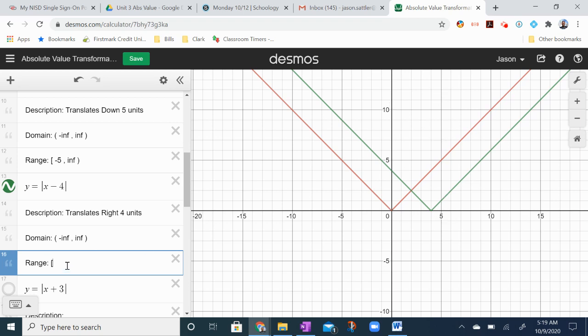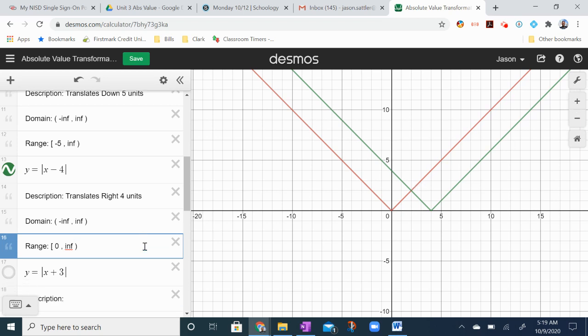So bracket 0 to infinity. Remember, infinities always get parentheses. 0 is a bracket because it's included. There's no asymptote, there's no open point, and the function itself isn't made with a dashed line, so we're good to go.